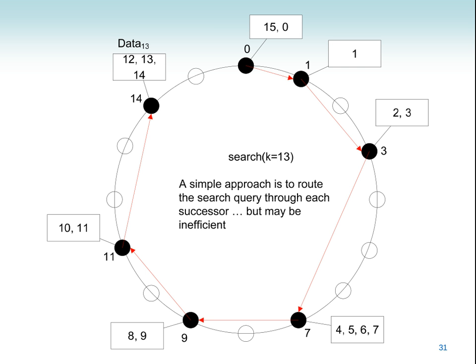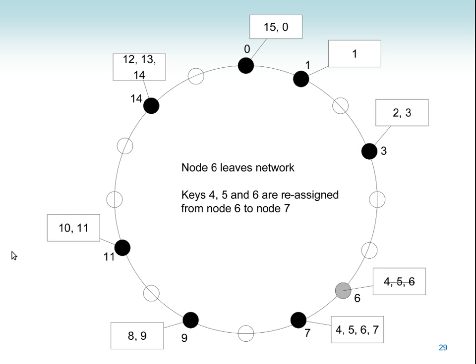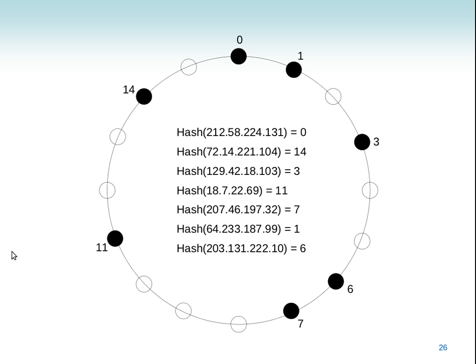So the routing table for node 0 would be: node 1 has IP address 64.233.187.99.